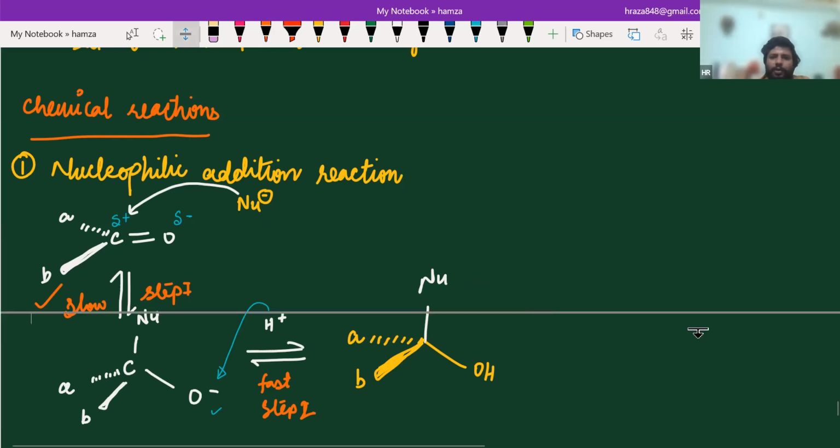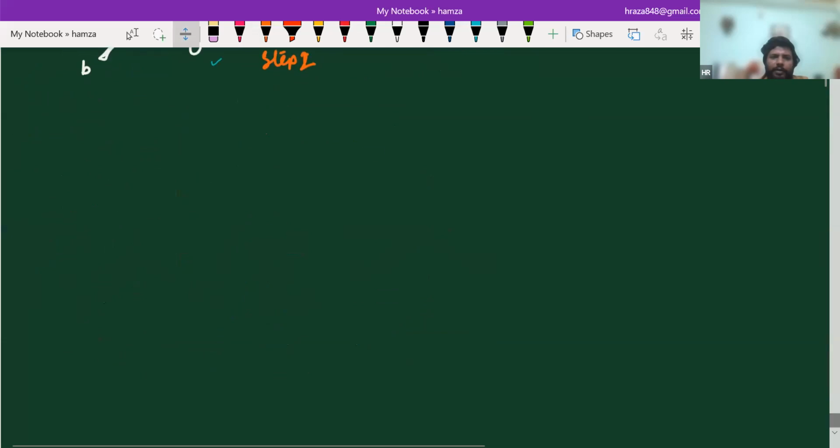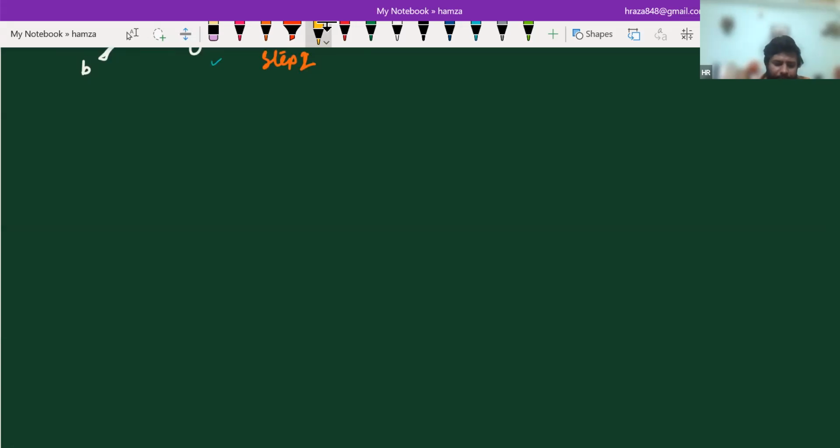So now we are going to see the examples of this nucleophilic addition reaction and some of the nucleophilic addition elimination reaction. So first of all, I would like to ask a question about reactivity.